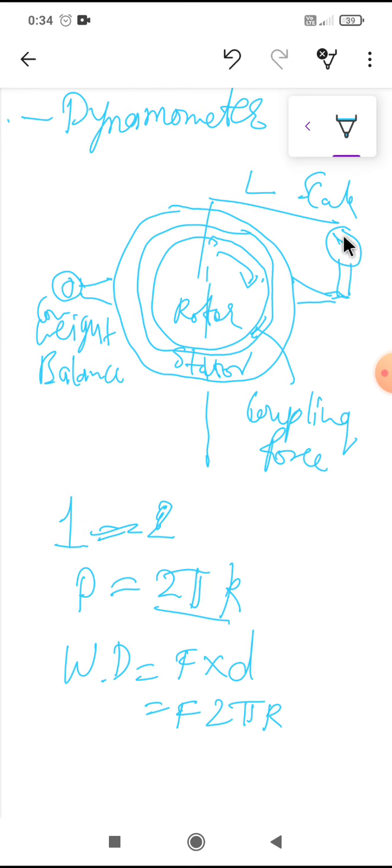Here the force is shown on the scale reading, so that is scale reading S into length L. On the right hand side, the force is the coupling force, acting at this radius r, so that is the radius r into the coupling force.